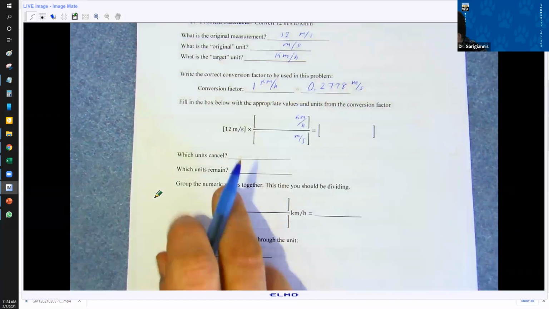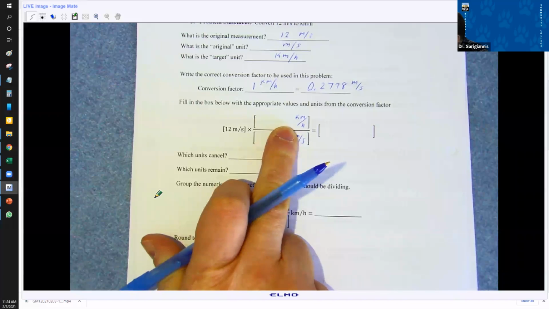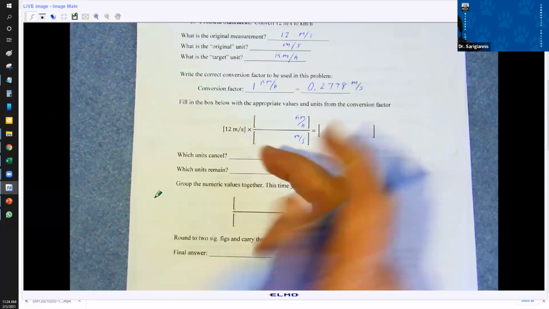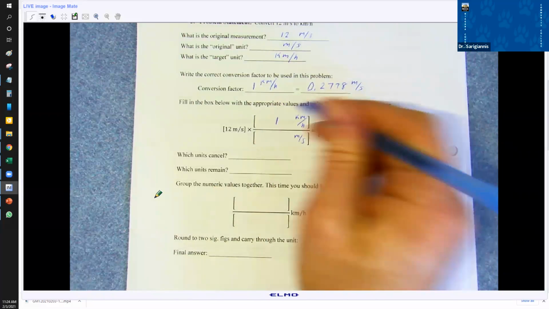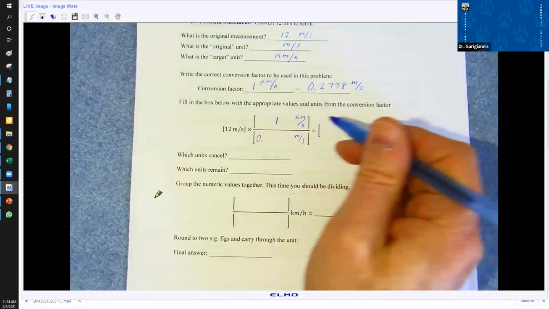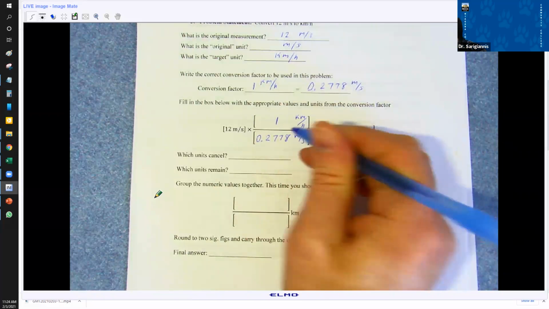And now this is an equivalence statement, right? How many kilometers per hour are equal to how many meters per second? And our conversion factor tells us that 1 kilometer per hour is equal to 0.2778 meters per second.